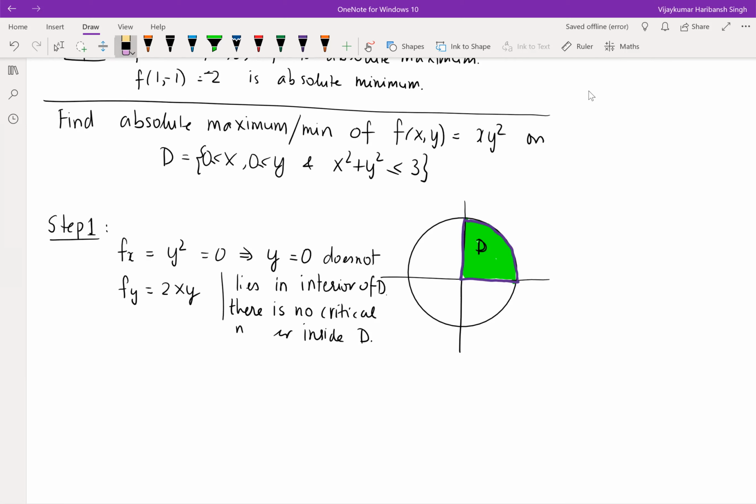Yes, we are in 2 dimensions, so it's not critical number, it's critical point. So no critical point inside D.